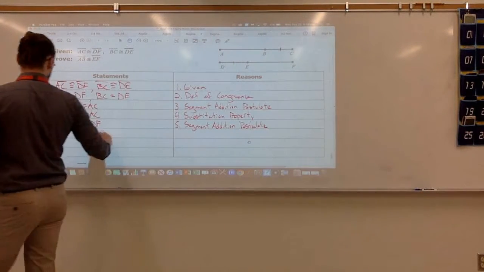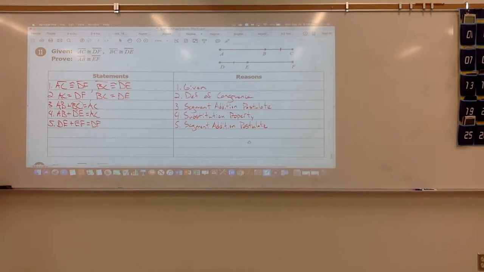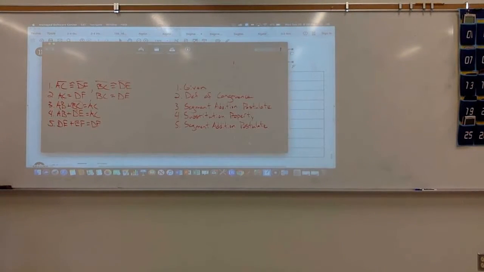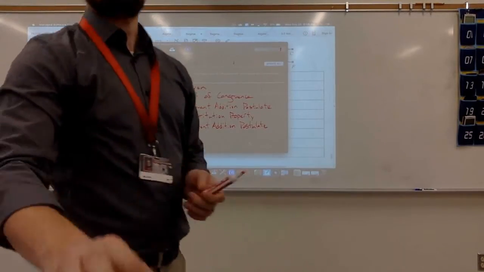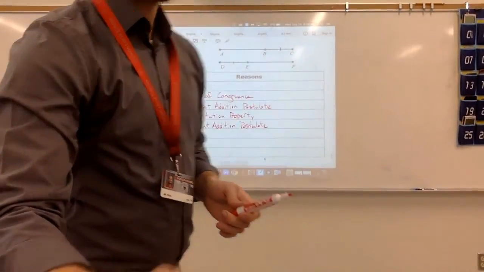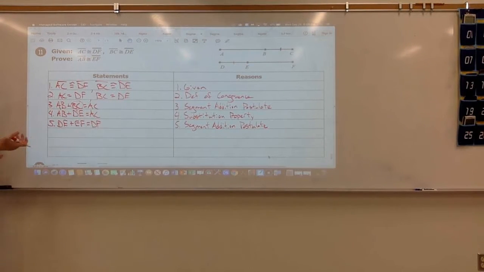I mean, if we look at what we have here, could we substitute BC plus BC in anywhere? So we know that BC and DE are equal. Yeah. So, I mean, we could replace this with BC. AB plus EF.